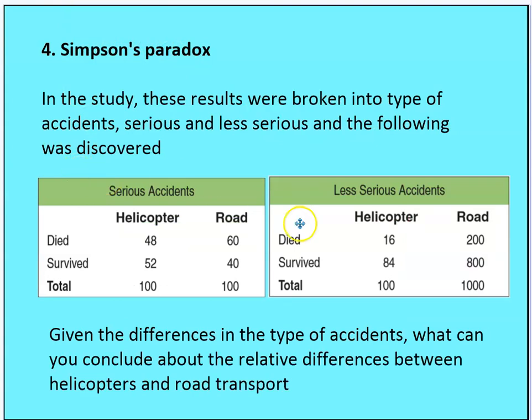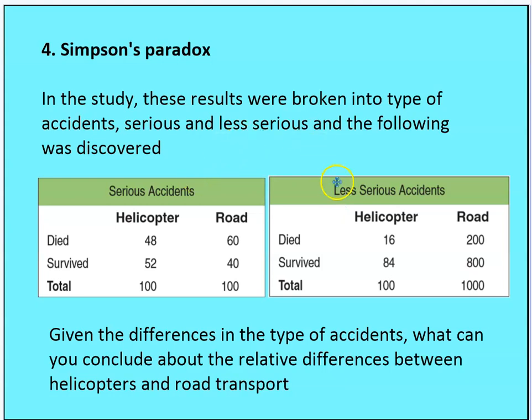But when we split up the data using another variable, we see that for serious accidents and less serious accidents, both individually, the likelihood of dying by being taken by helicopter actually decreases and is now less than road for both of these categories.